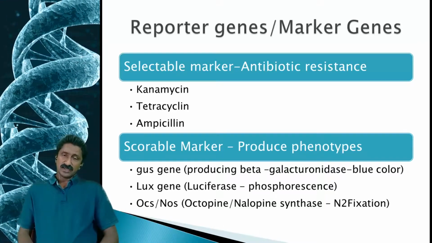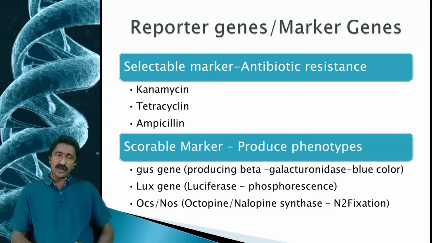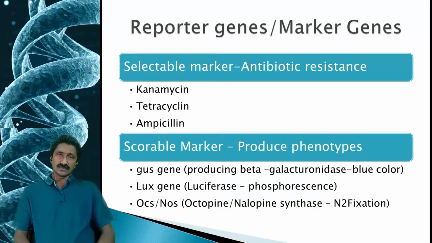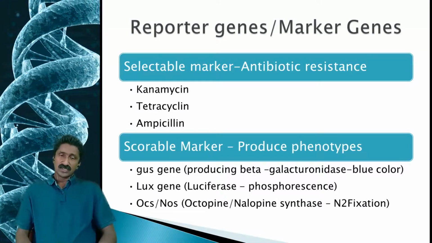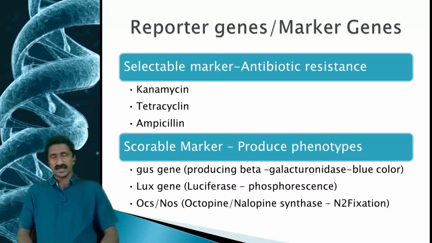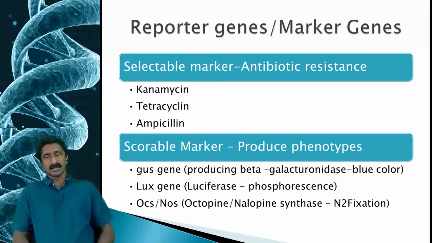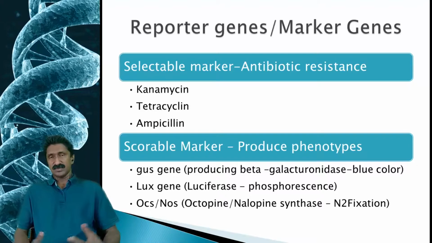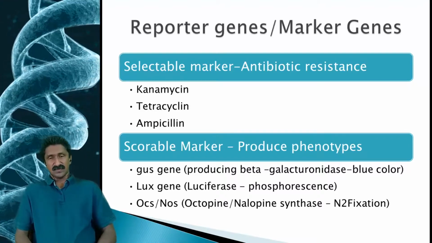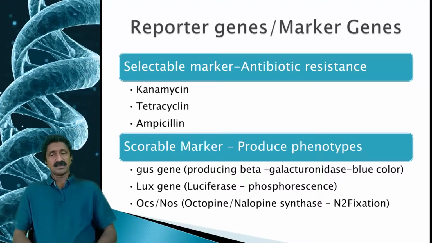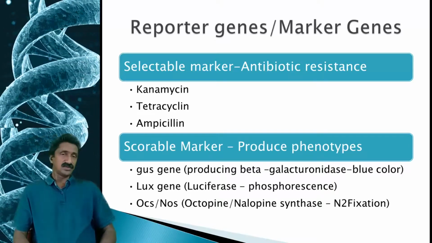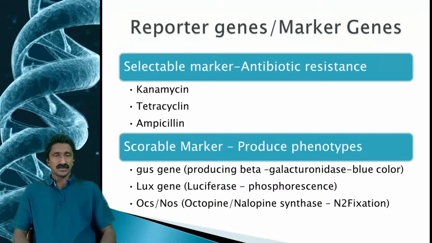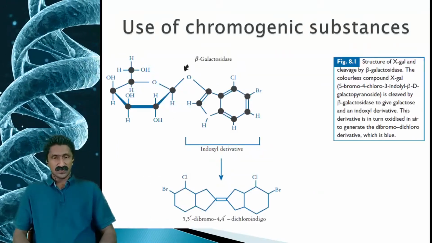And there is OCS or NOS, that is octopine or nopaline synthase, which is associated with the nitrogen fixation process. These genes were also regarded as scorable markers, which result in the production of nodules used for nitrogen fixation. This type of selectable and scorable markers, both categories, were used for initial screening of the rDNAs incorporated in the host cells.